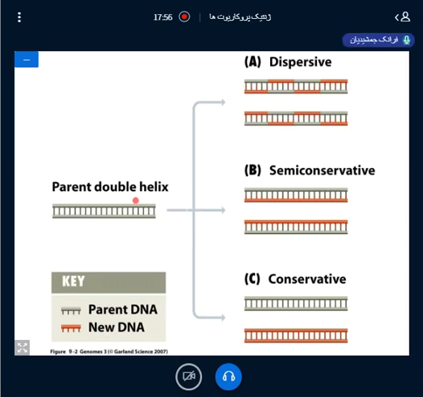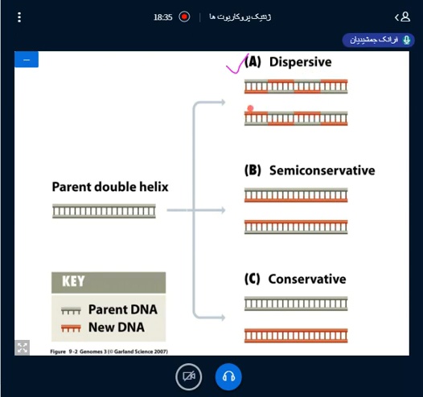Look at this. At first, we had 3 theories for replication. One said the replication is dispersive. What does it mean, dispersive? Dispersive theory said that we have one part maternal DNA and one part daughter DNA, one mother DNA, one new DNA.